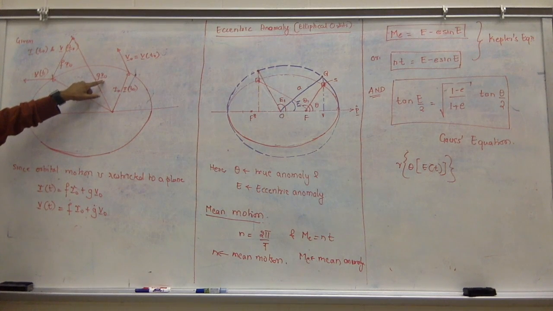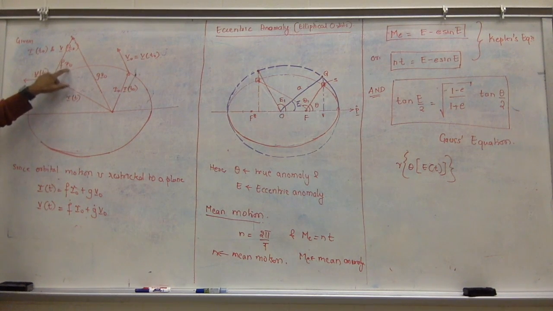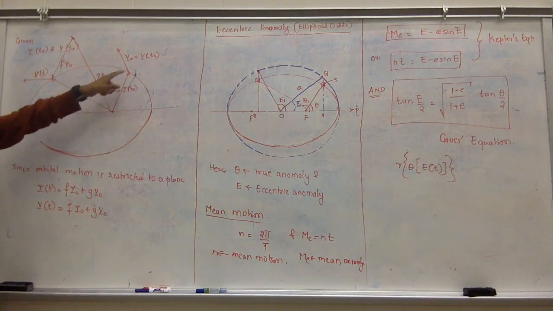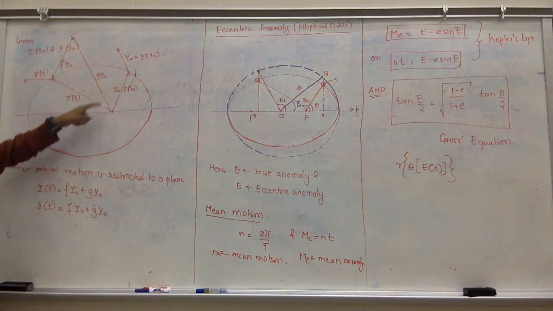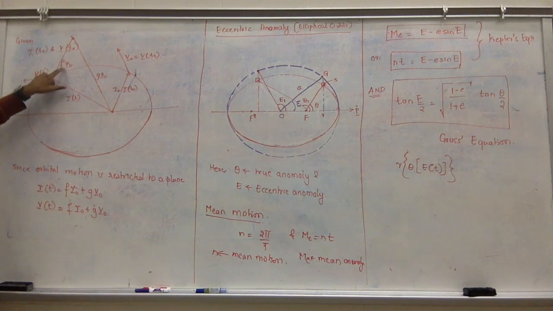But it's multiplied by this g. We'll figure out what that g is. It is some constant. And this r naught is again just this r naught vector, the opposite, but it is multiplied by that f. Got it?